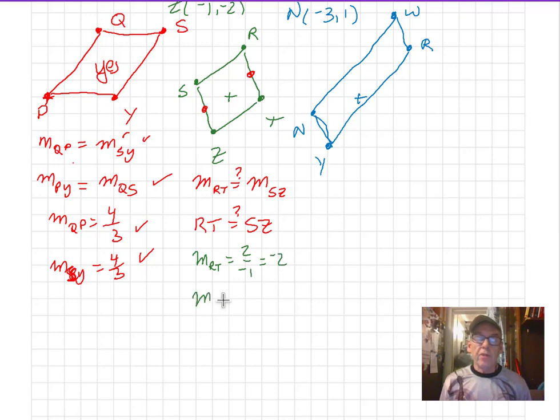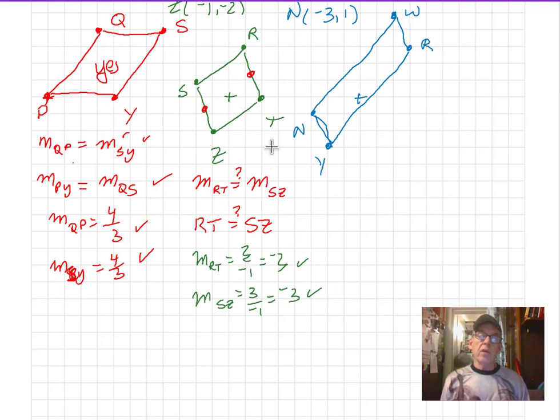The slope of SZ, the change in Y is 1, 2, 3. Whoops, is that right? 1, 2. Oh, this was 3. So here the change in Y is 3, and we have a -1 for the change in X. So we get a -3. So they are parallel to each other.